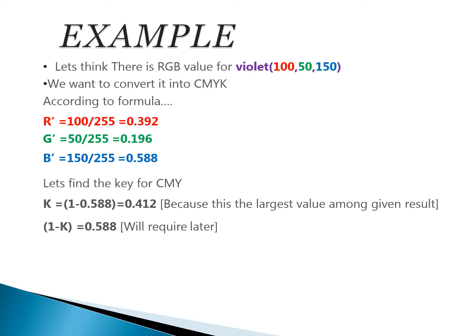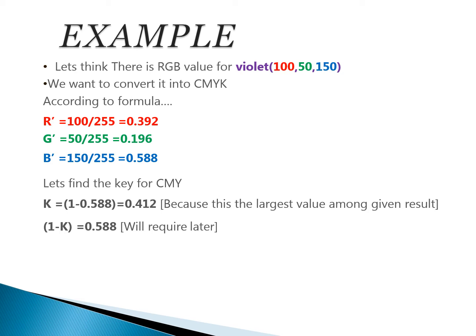Now I want to convert this into CMYK. First I am going to find the values of R dash, G dash and B dash by dividing by 255 to get decimal values. So R dash is equal to 100 by 255, G dash is equal to 50 by 255, and B dash is equal to 150 by 255.